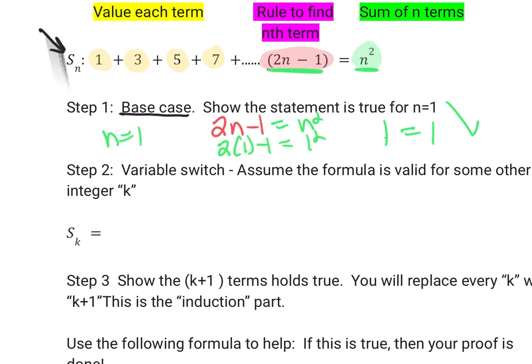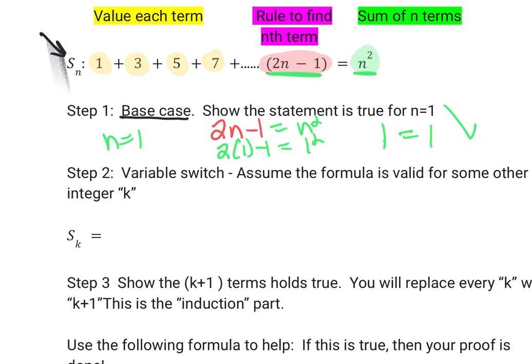Step 2 is always one that seems a little weird, but it's called the variable switch. The case that we have up here on the top is the sum for the first n integers. And then we want to switch and say, okay, if it's true for n, it should also be true for k. It doesn't matter which variable we use. So in step 2, we do what's called the variable switch, where we pretty much copy and paste what we have up there above, except instead of n, we're going to put k.